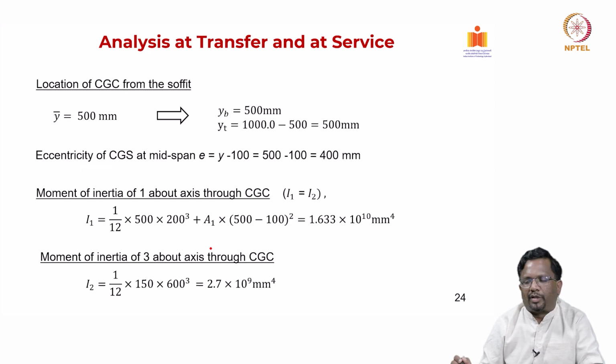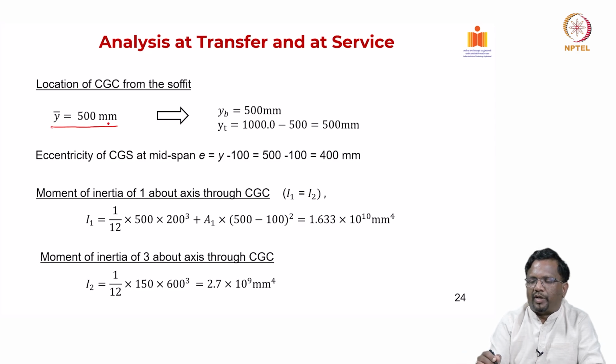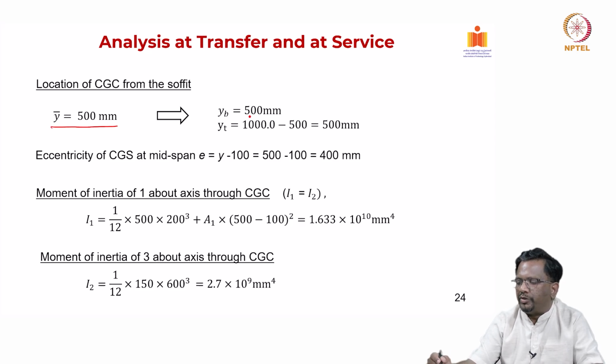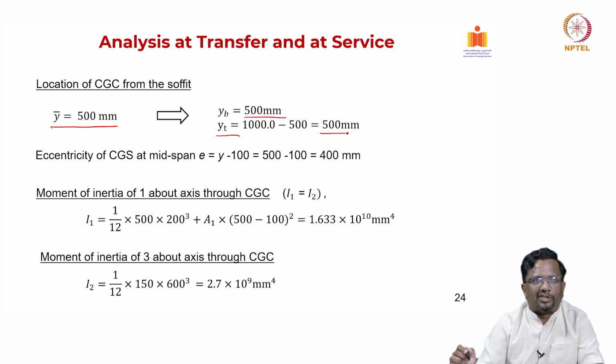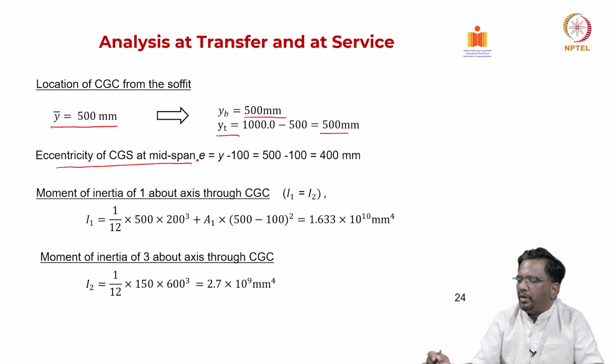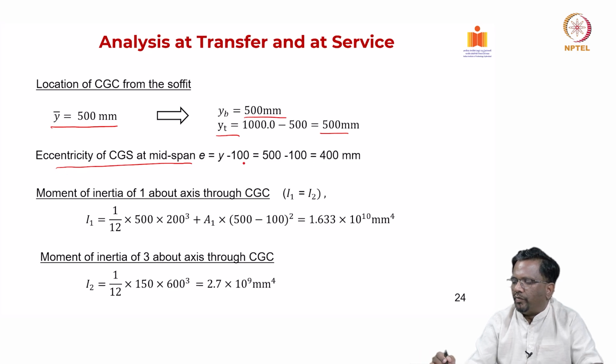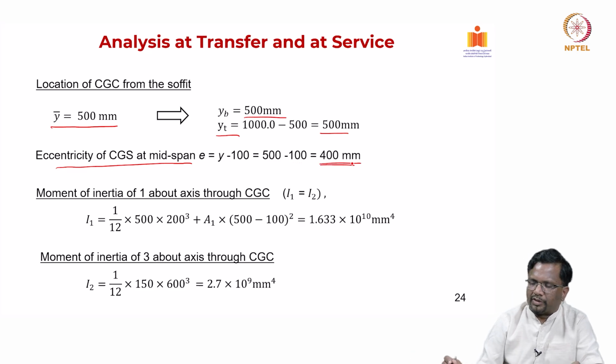And this is a symmetrical cross section, so the centroid is going to be 500 mm and YB is also going to be 100 mm. YT is also going to be symmetrical. Now, the eccentricity of the pre-stressing steel is 500 minus 100, which is 400 millimeter, which is given to you.